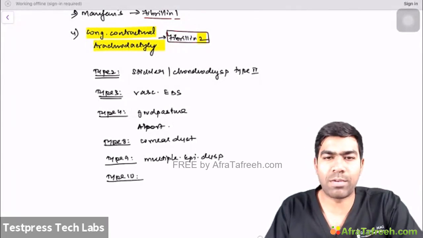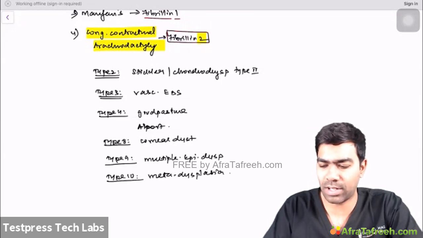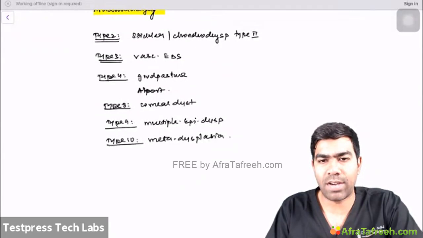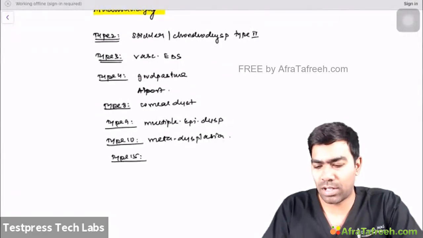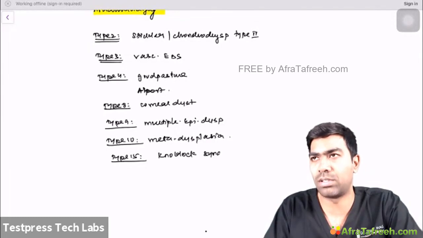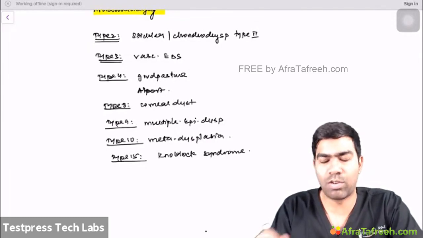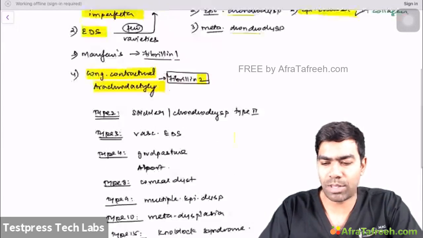The problem of type 10 collagen is called metaphyseal dysplasia, which we have seen already. It's not equal to metaphyseal chondrodysplasia. This is metaphyseal dysplasia. And we have type 15 collagen. The disease that results from type 15 collagen is called Knobloch syndrome, K-N-O-B-L-O-C-K.